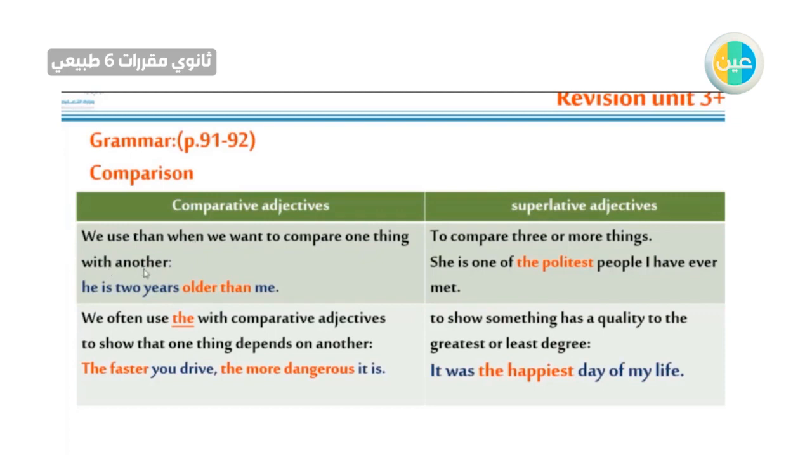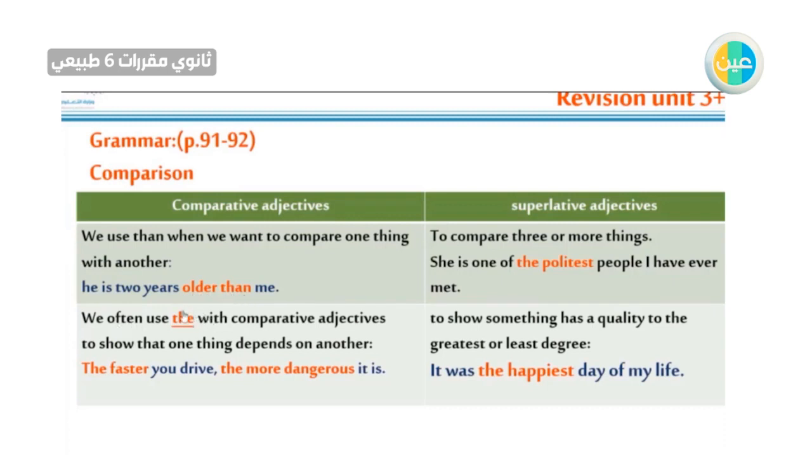You are comparing just two things. He is 2 years older than me. So this is me and him, and he is older than me. Old is the adjective. In the comparative, it will be older, and we use than because we are comparing between two.